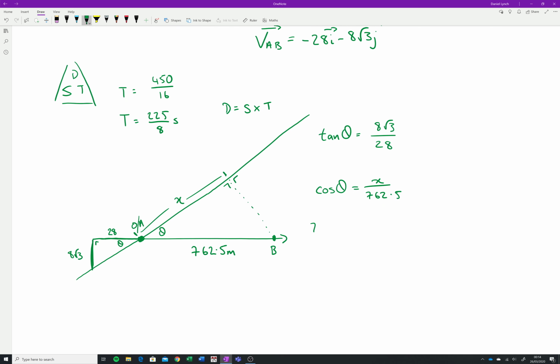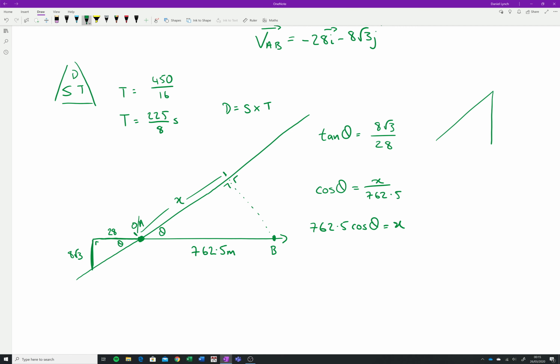We know it's going to be 762.5 times the cos of theta equaling X, which will help us get the answer that we want. So I think this is what I would do. Of course you can go and get theta equal to tan inverse and chuck it in there, but if you have tan theta and you want cos theta, I always like to draw a right angle triangle.